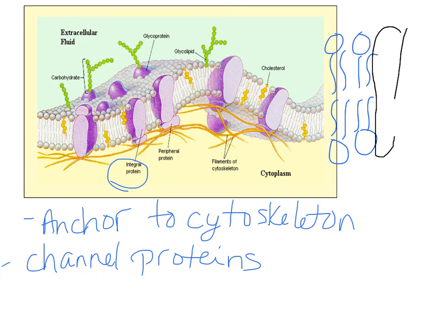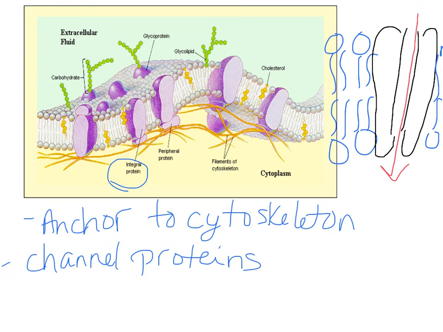I think they look kind of like hot dog buns. And they span the length of that cell membrane, and so there'd be more phospholipids on the far side of it. Now molecules can go through this channel protein, and they never come in contact with that nonpolar region of the cell membrane. So your channel proteins are going to be very important for transport of molecules across that cell membrane.